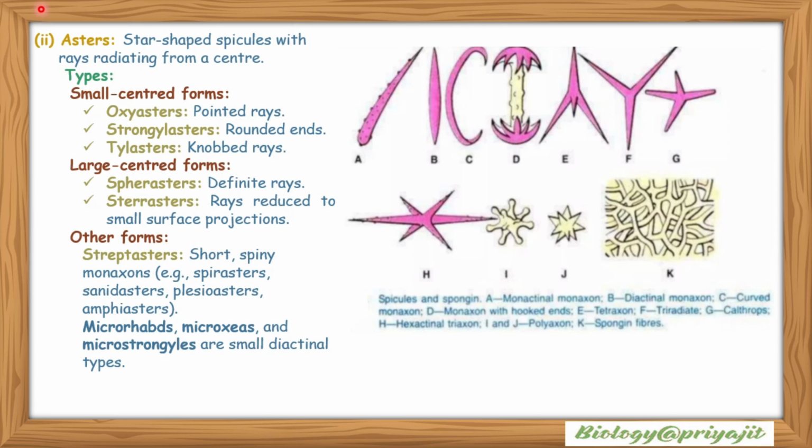Other forms include streptasters, which are short spiny monaxons, for example spirasters, sanidasters, plesiasters, amphiasters, etc. Microrhabds or microxeas and microstrongyles are small diactinal types.